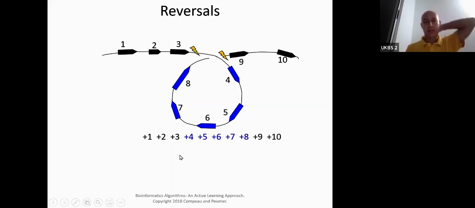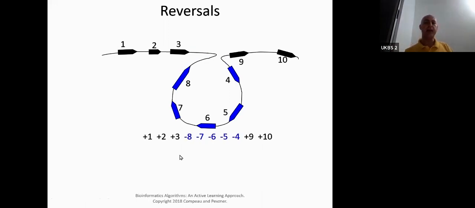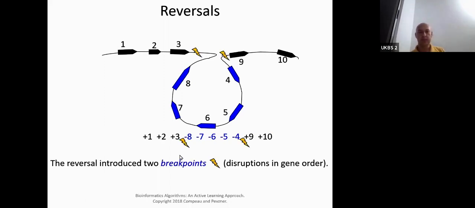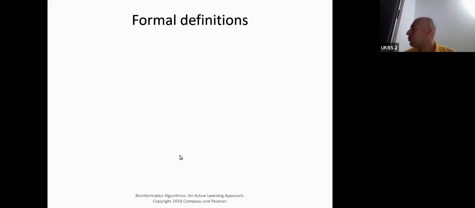Initially we had 1, 2, 3, 4, 5, 6, 7, 8, 9, 10. And now it became 1, 2, 3, minus 8, minus 7, minus 6, minus 5, minus 4, plus 9, and plus 10. And the reversal introduced 2 breakpoints. Which formal definitions do we have?